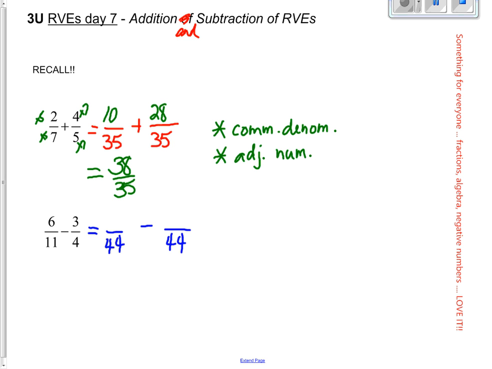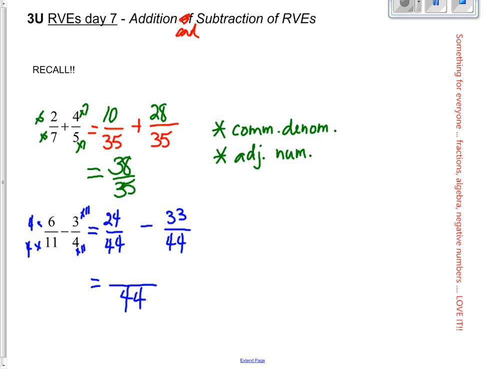For the first one, we have taken our 11 and multiplied it by 4 to get 44ths. So we do the same to the top, 24. 24/44ths. Quarters, I would multiply top and bottom by 11, 33. When I subtract 44ths, I get 44ths. I have 24 of them, subtract 33 of them.